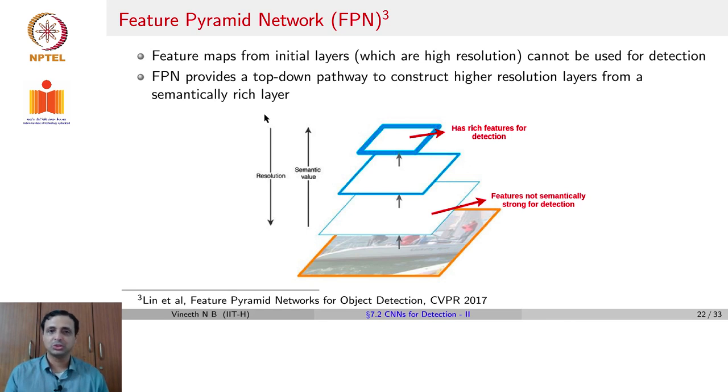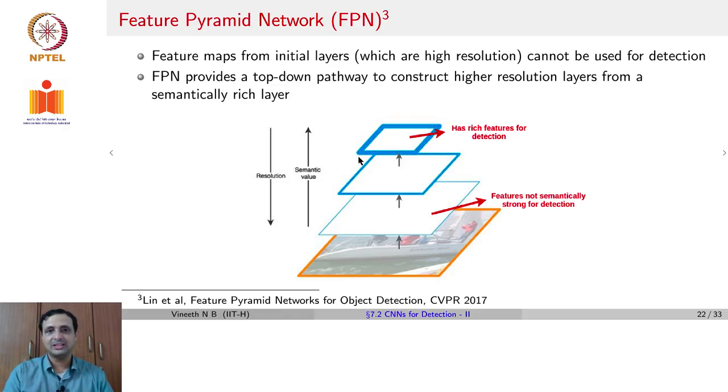When you go through a convolutional network, the initial layers are high resolution, and then as you go deeper, the resolution gets lower and lower. But the initial layers, although they are high resolution, we've seen from our visualizations of CNNs that they may not really be capturing semantics of objects in those initial feature maps. But they are the higher resolution ones.